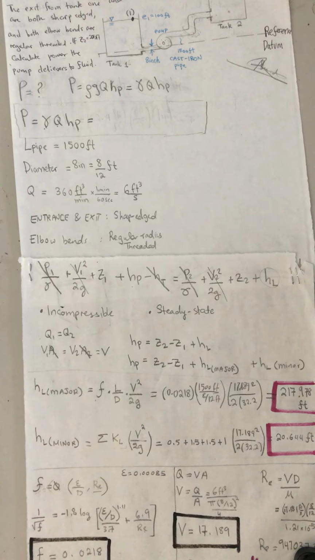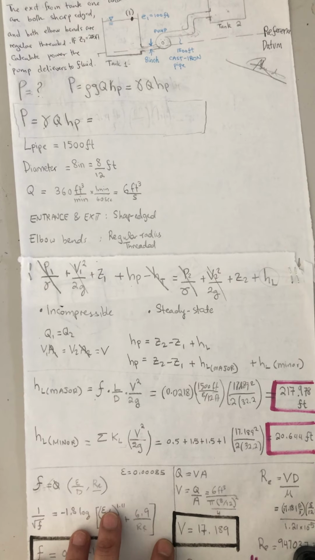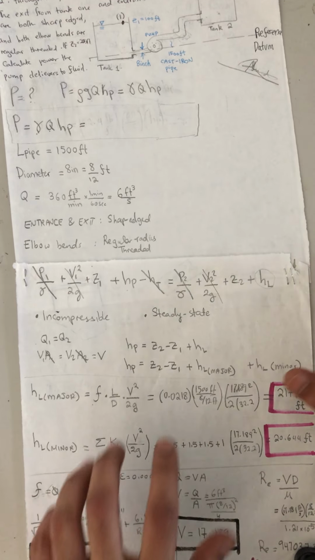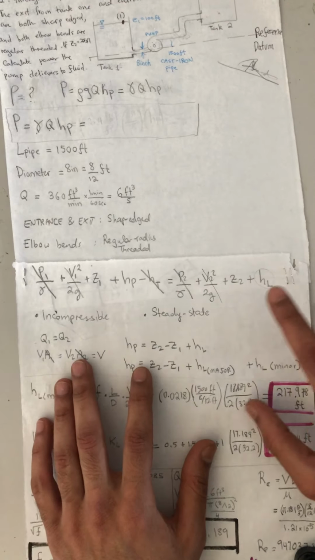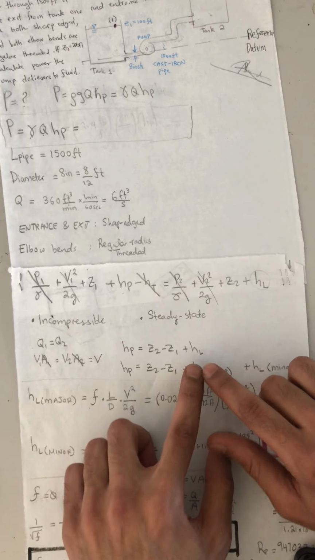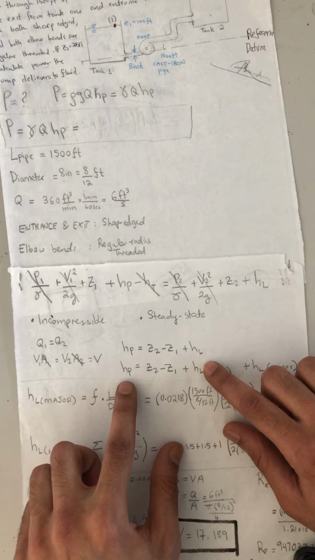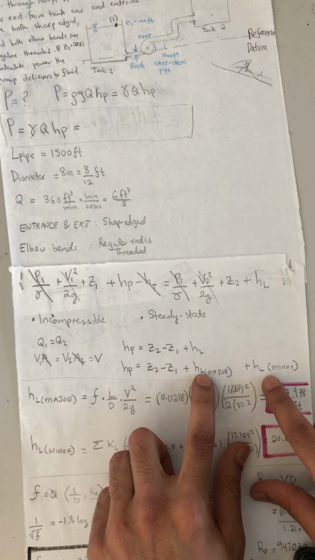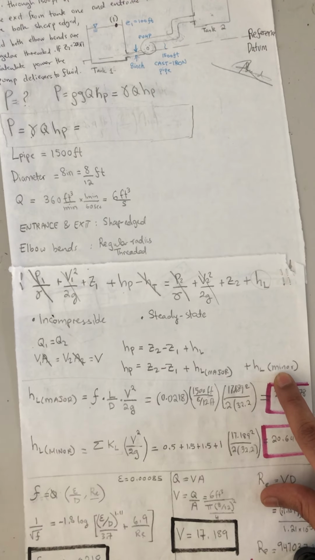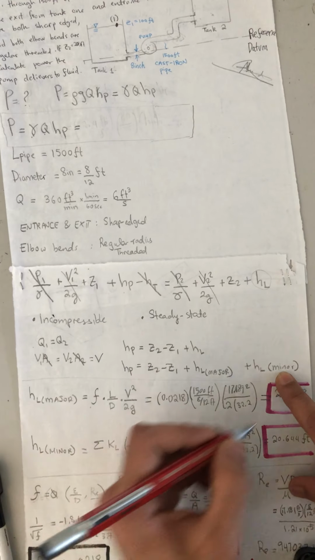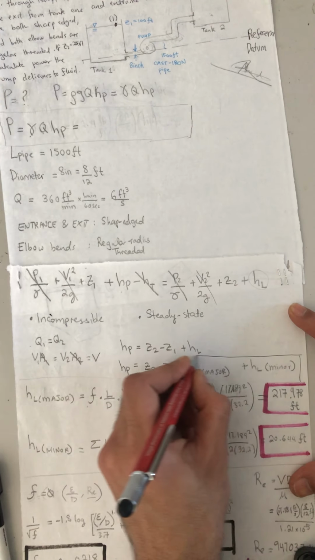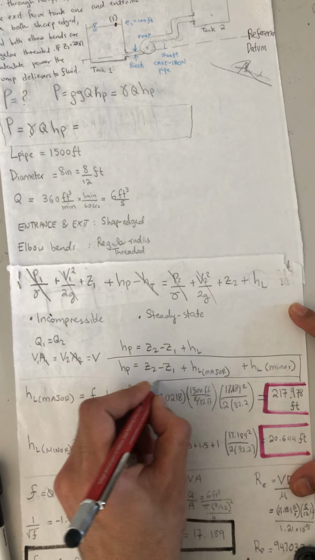Moving on, now we are ready to use our equation, the Bernoulli equation, that has been simplified to this form and further to this form. We are ready to use this equation.